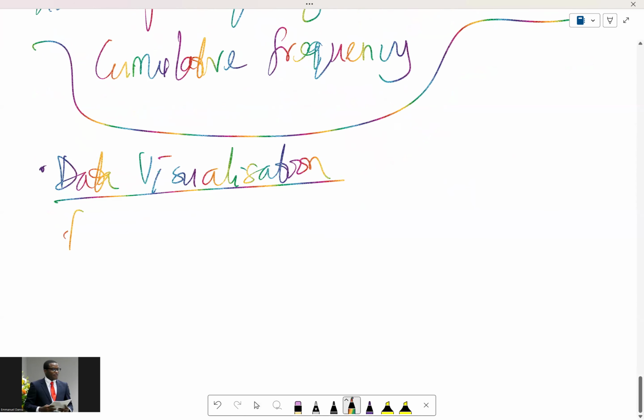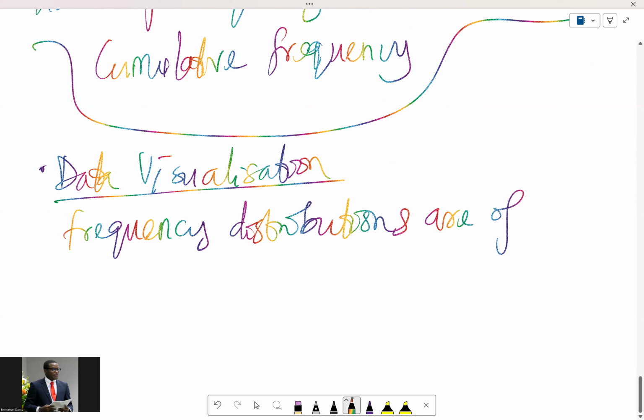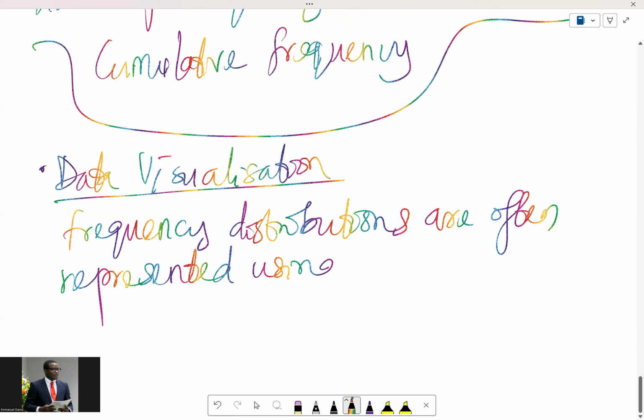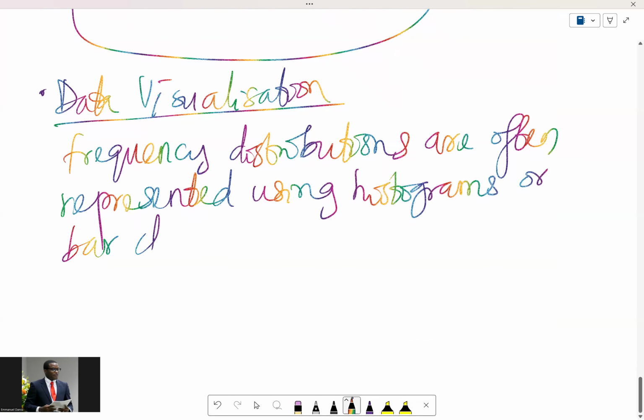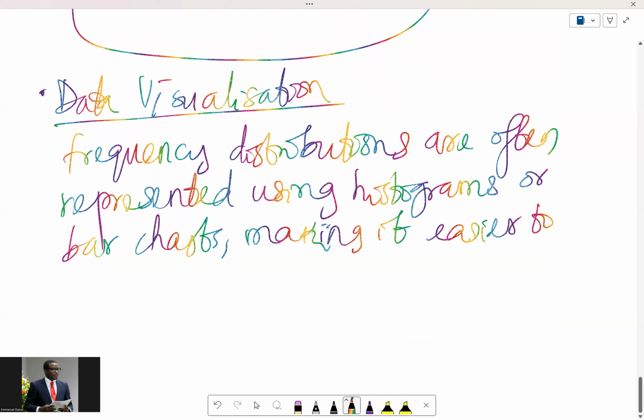So we say that frequency distributions are often represented using histograms or bar charts, making it easier to visualize data.